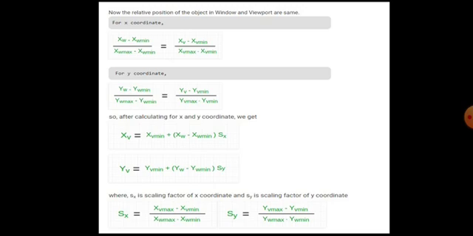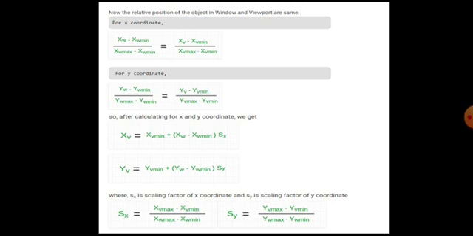From these two equations, from the first equation for x coordinates we find XV and for y coordinates we find YV. First of all we calculate XV as equal to XV minimum plus XW minus XW minimum times Sx, and YV is equal to YV minimum plus YW minus YW minimum times Sy.